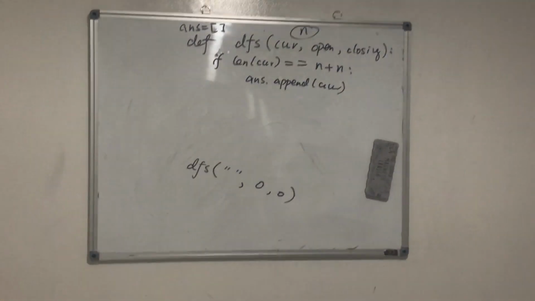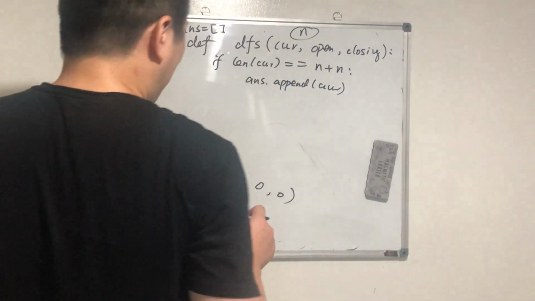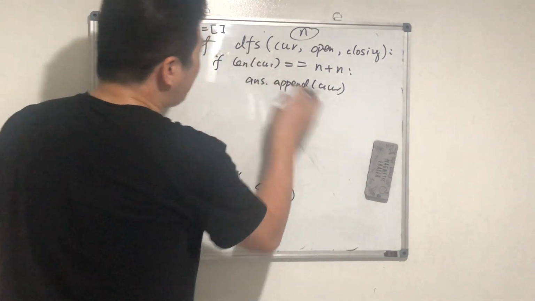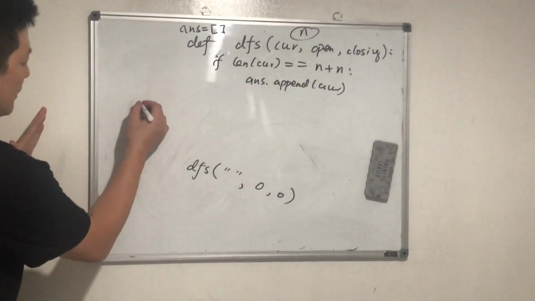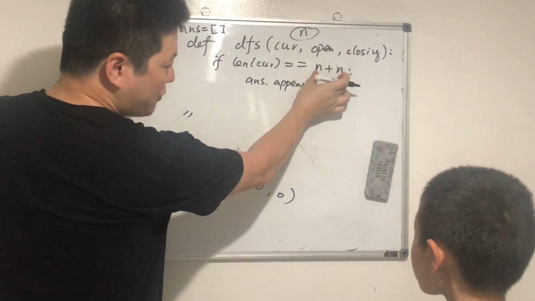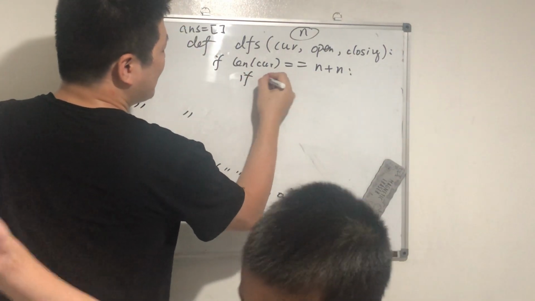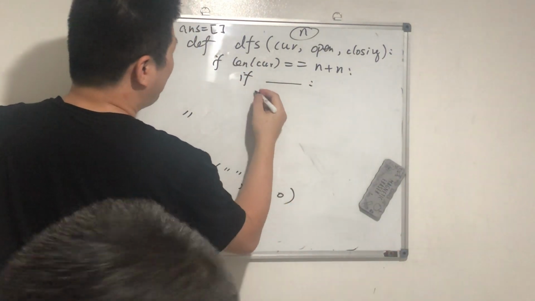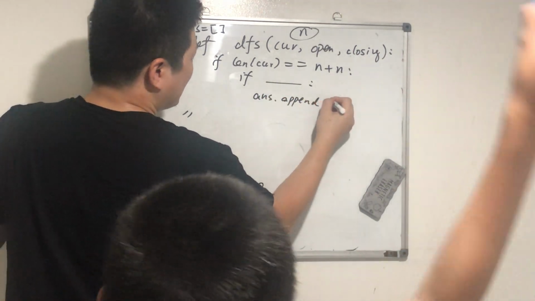The depth of search. Actually there is something here. If the current string has the length of 2n, we still need to check something. Then we can append it: answer dot append current.